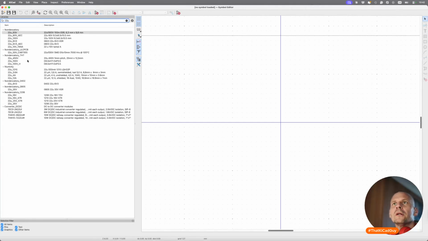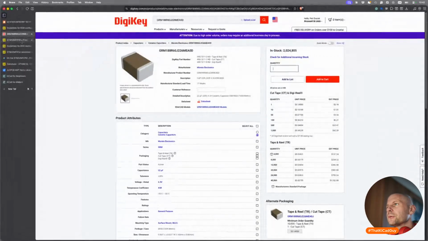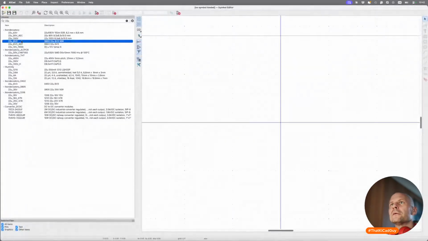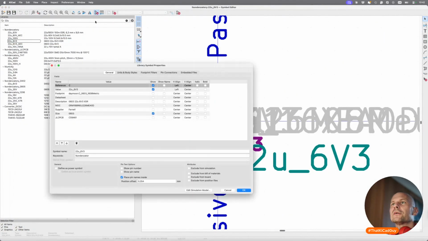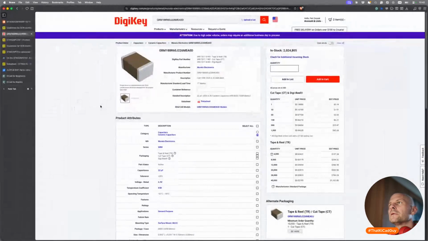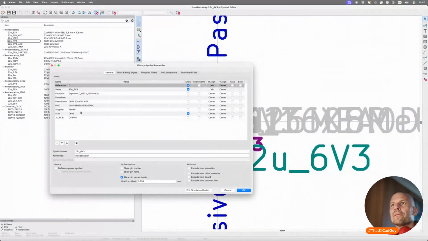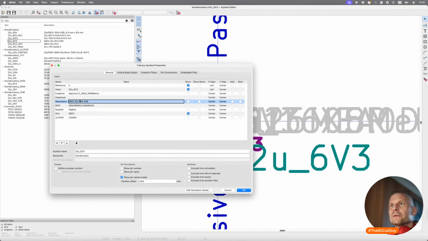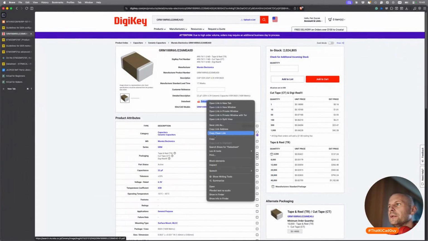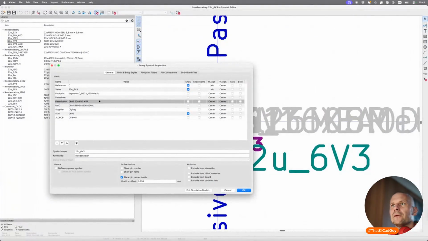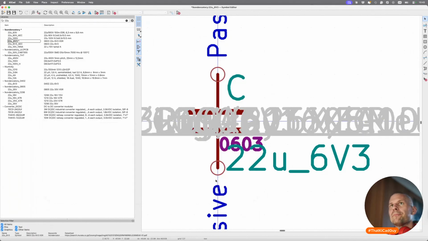Probably not. 6.3. Yes. Yes, probably these ones. Yes, these ones. So just to add data sheet and the material. Material is already there. Okay.